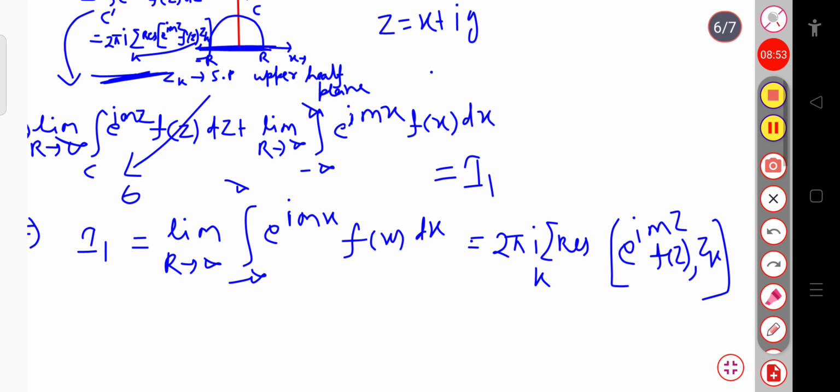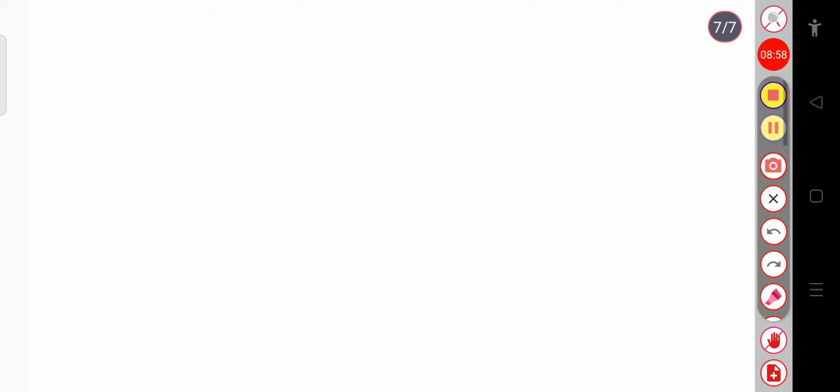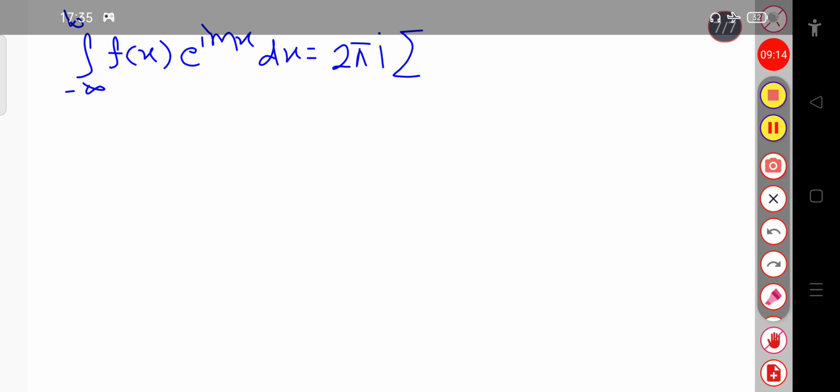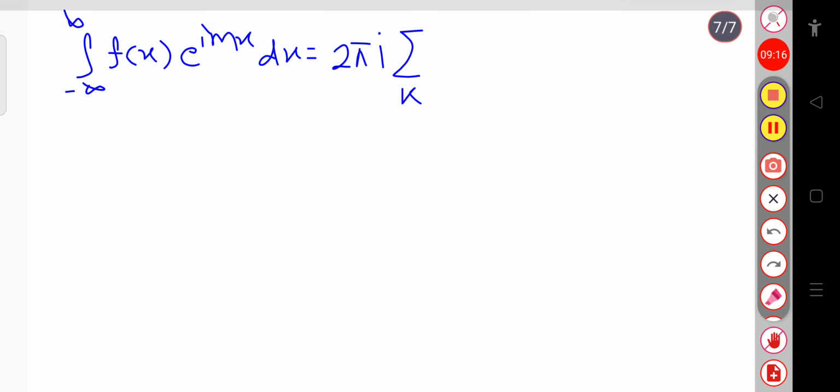I will write this equation on the next page. The integration over minus infinity to plus infinity of f of x exponential imx dx will be equal to 2 pi i times the sum over k of residues for f of z at the point zk.